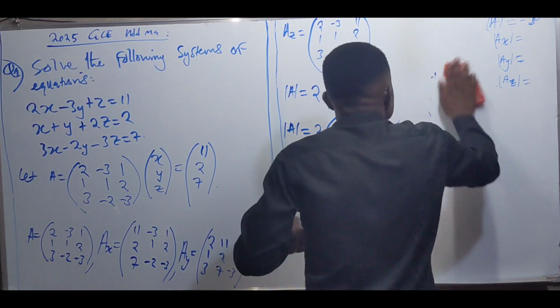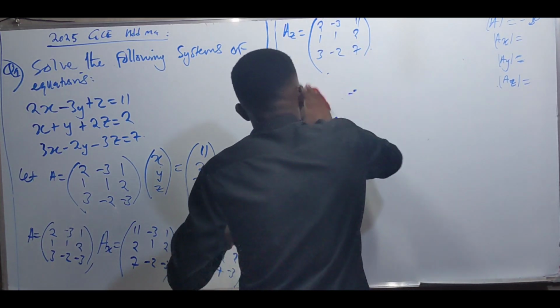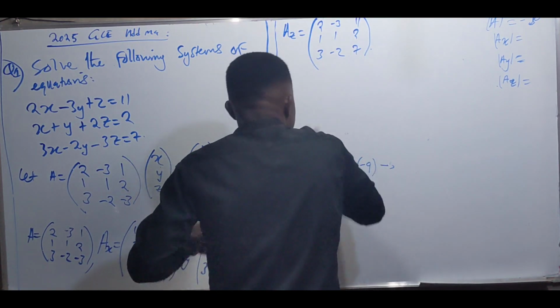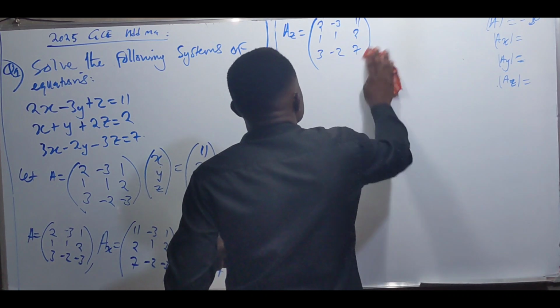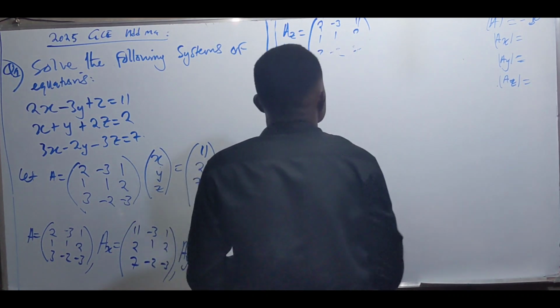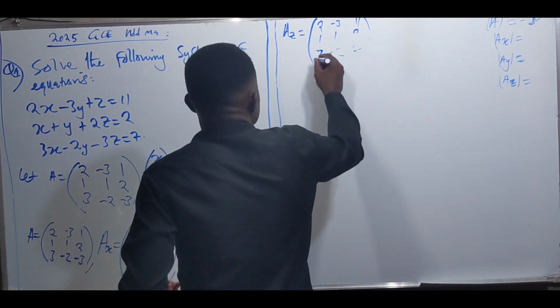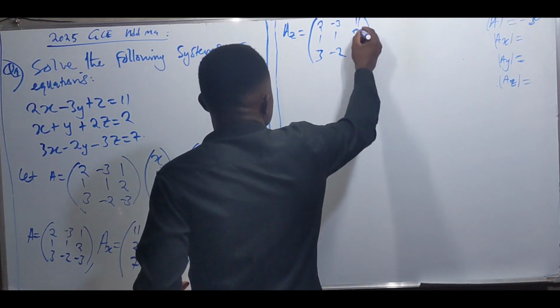Let's find the second one. This was 3, this was negative 2, this was 7, this was 2.